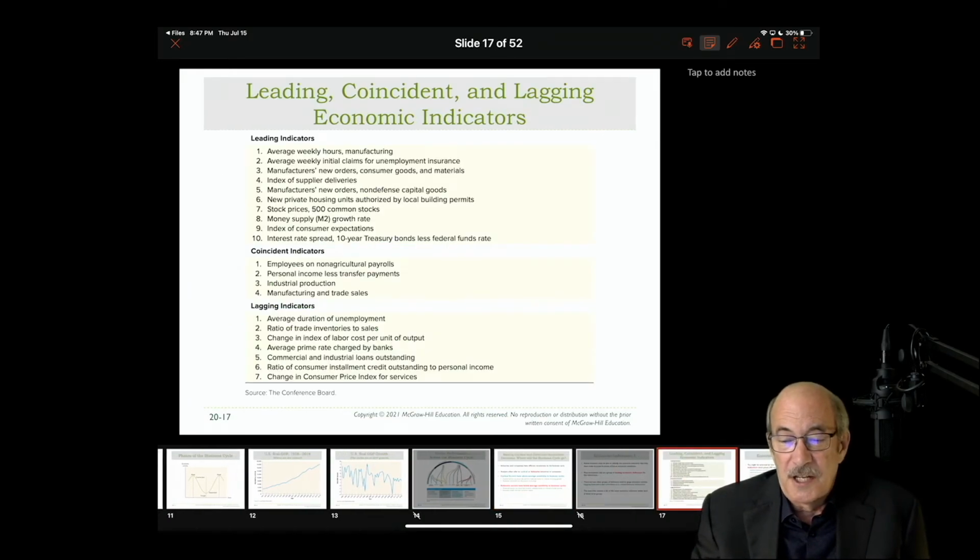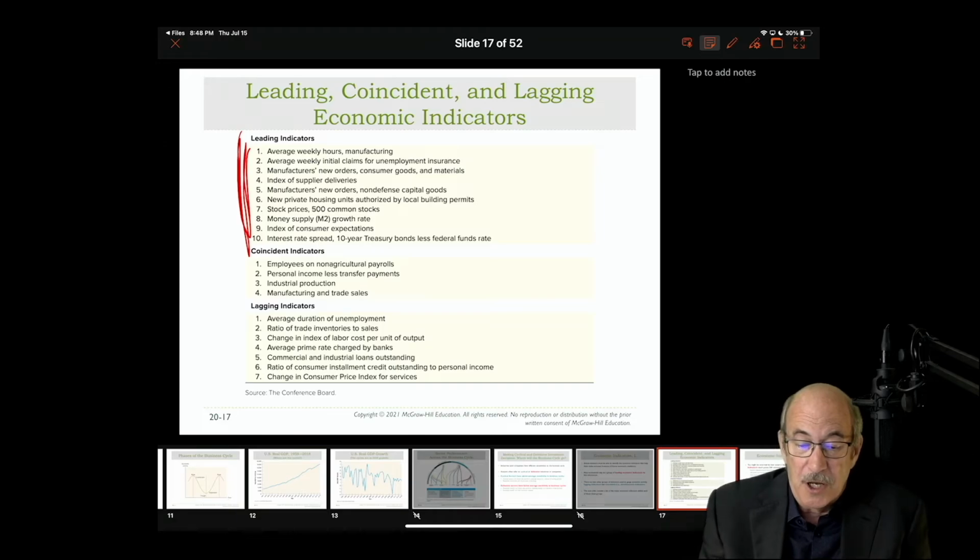Leading, coincident, and lagging indicators. Again, this goes back to probably your Econ 101, so I won't belabor it too much. But these are the ones we're really looking at to try to get some sense of where we're headed.